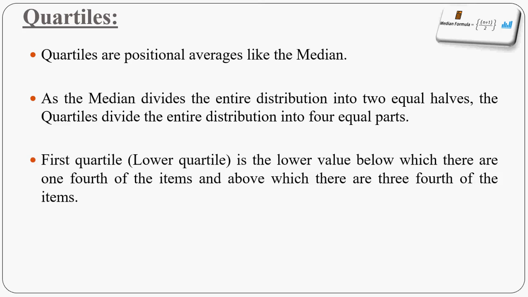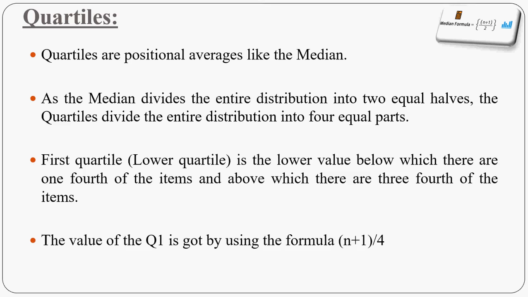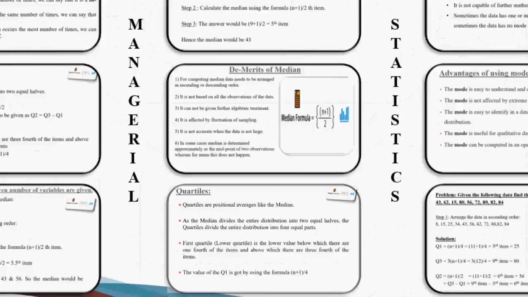The first quartile is the lower value below which there are 1/4 of items and above which there are 3/4 of items. So the value of Q1 is got by using the formula. In median we use n plus 1 by 2. Here you have to use n plus 1 by 4. This will give you quartile 1. Okay, I hope this information is clear with regards to quartile.